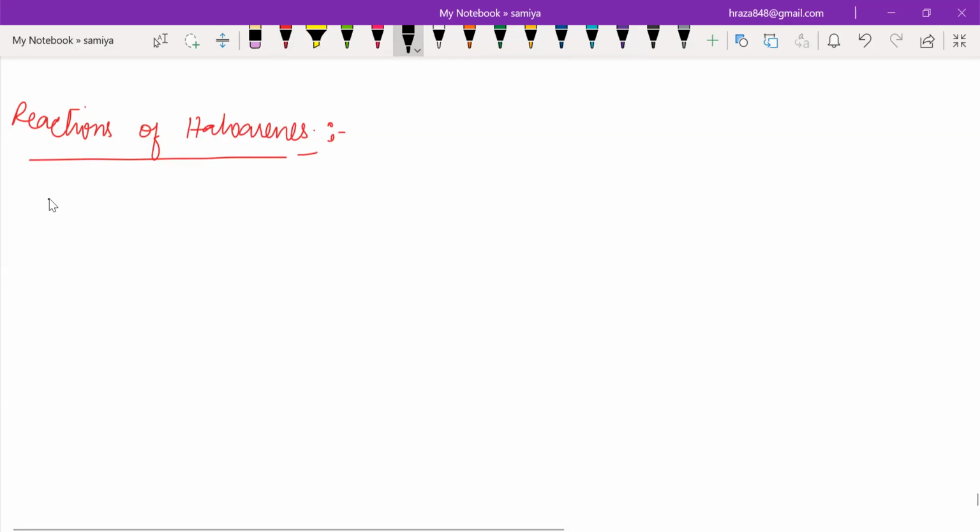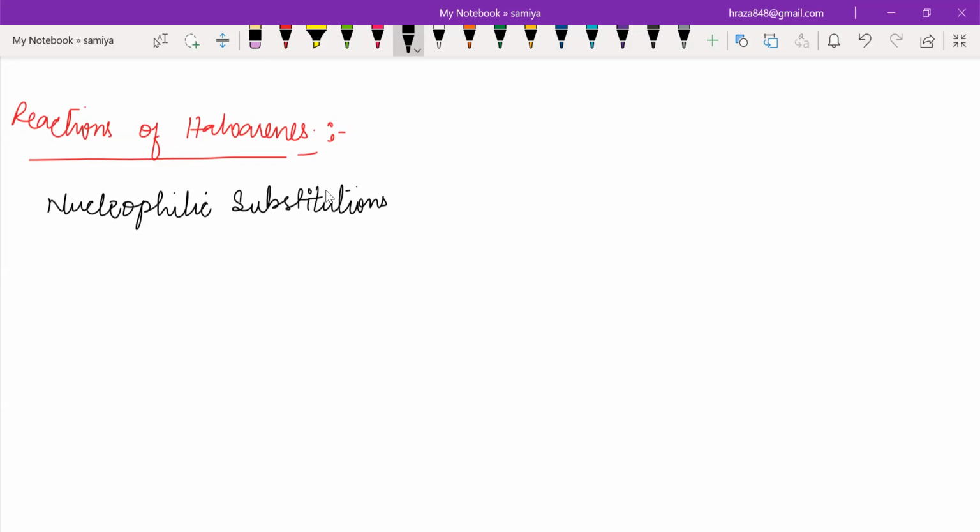So basically, there is a reaction in this, nucleophilic substitution. And you know what? Haloarenes are extremely less reactive towards nucleophilic substitution reaction because they are already very stable due to resonance. And there are a lot of other reasons that we are going to discuss.